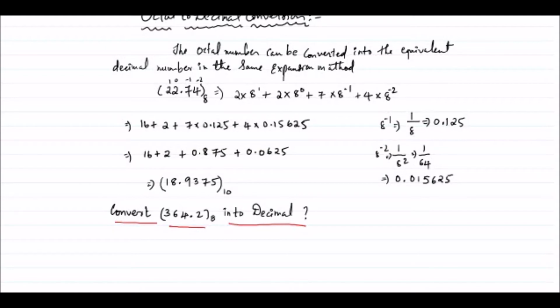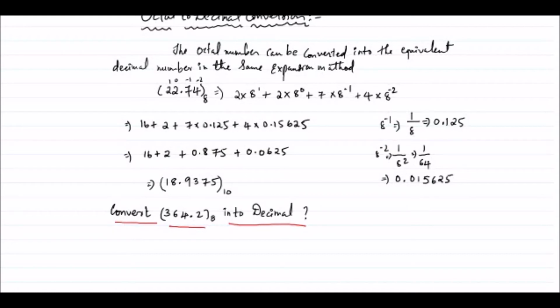So this 2 is multiplied by 8 power 1, and 2 into 8 power 0, plus. After the decimal point we have the n minus 1 position, right? So 7 into 8 power minus 1, and 4 into 8 power minus 2.